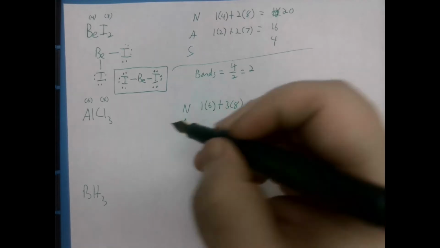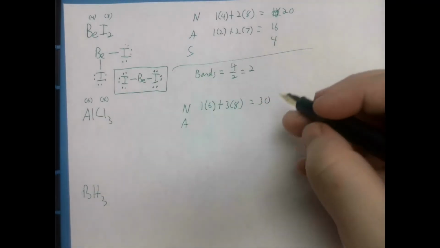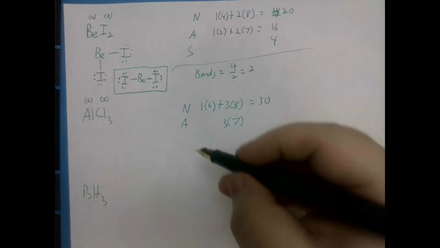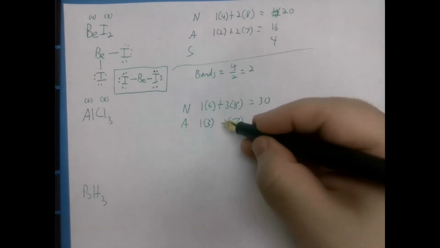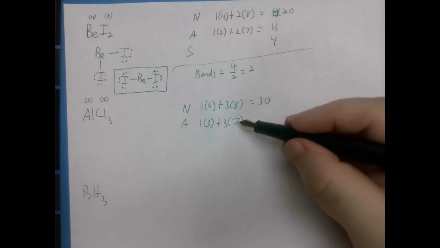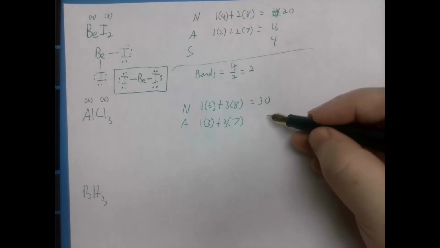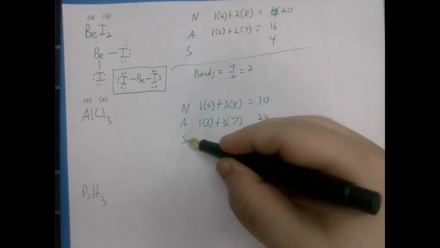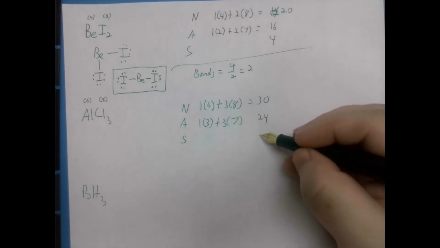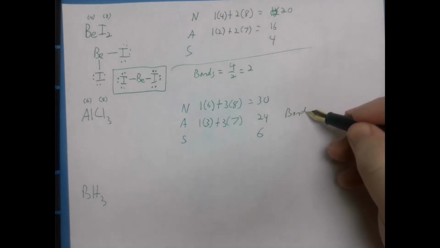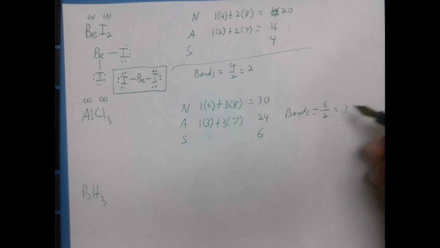The number available. So chlorines all have 7. There's 3 of them. Aluminum has 3. So that'd be 21 plus 3 is 24. And so the amount that's going to be shared is going to be 6. Thus, to figure out the bonds, we simply divide that number. 6 divided by 2, that's 3 bonds.